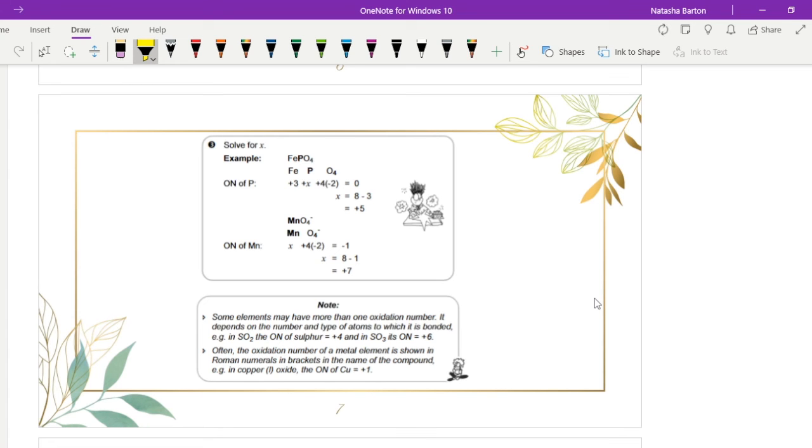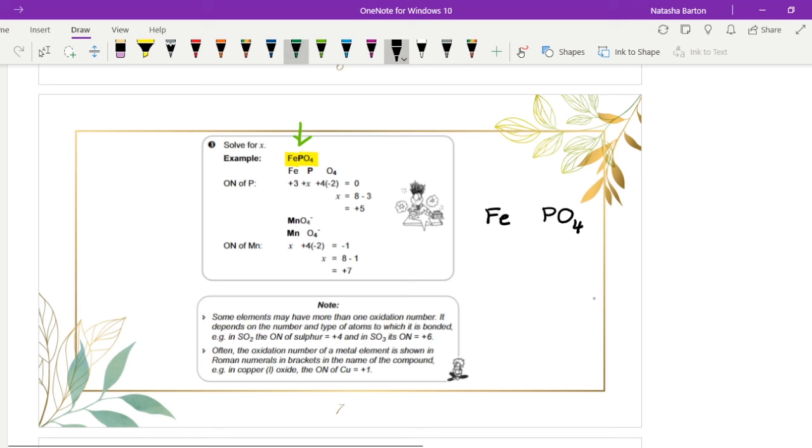We can say we have a substance like Fe bonded to PO4. And I will say to you, I want to know what the oxidation number of the phosphorus atom is. Now they've done this the long way, but I'm just going to stick to what they've done. We have Fe, the ion, in this case iron, bonded to PO4.